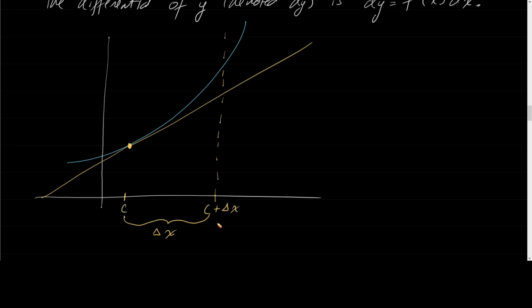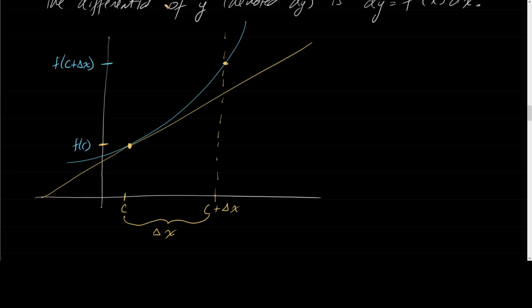Okay, fine, cool. Now, in here, this is at the height of f of c, right? This point over here, and perhaps I should color coordinate this a little bit better. So that's at the height of f of c. This up here is at the height of f of c plus delta x, right? Because that would be the coordinate there.